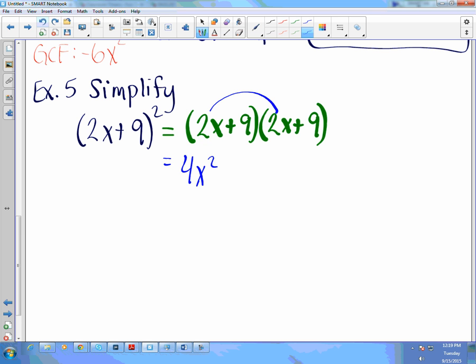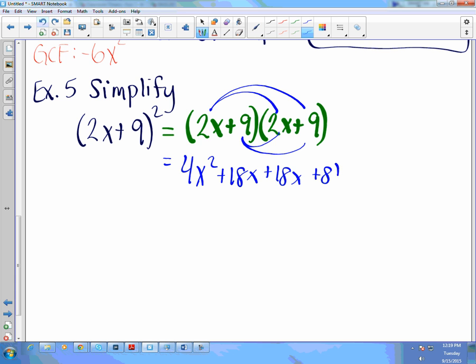X and x, when you multiply, the exponents change. Okay? Allie, what is 2x times 9? Good. 18x. Nikki, 9 times 2x. Another 18x. And 9 times 9, John?